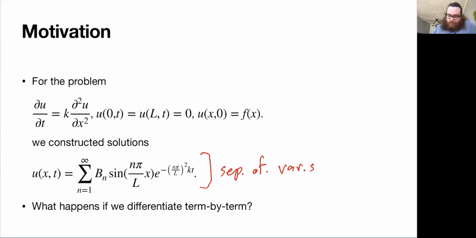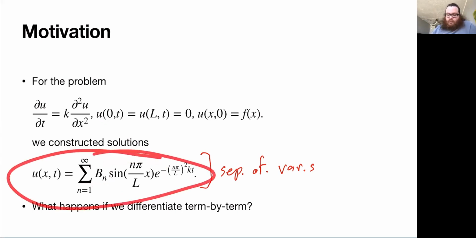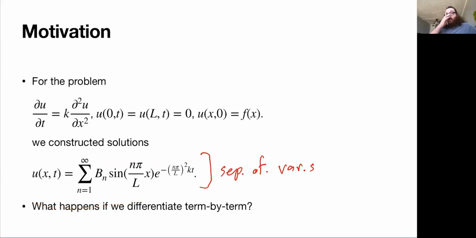So we were able to construct these solutions using separation of variables, but one way of phrasing the question is: if we just plug the series into each of these pieces, does it still solve the PDE? And I mean, it should, because we constructed it to.